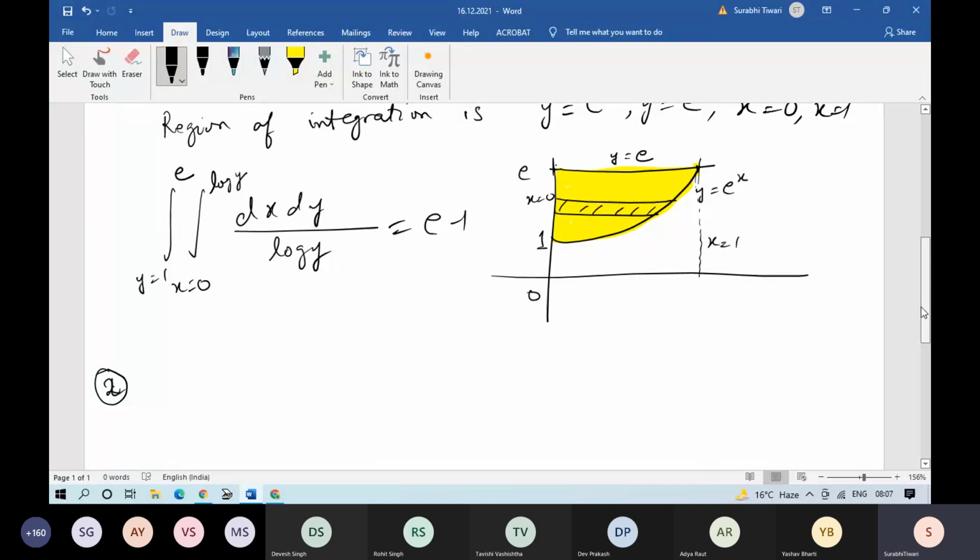Do the second one: 0 to a, y to a, x dx dy upon x square plus y square.